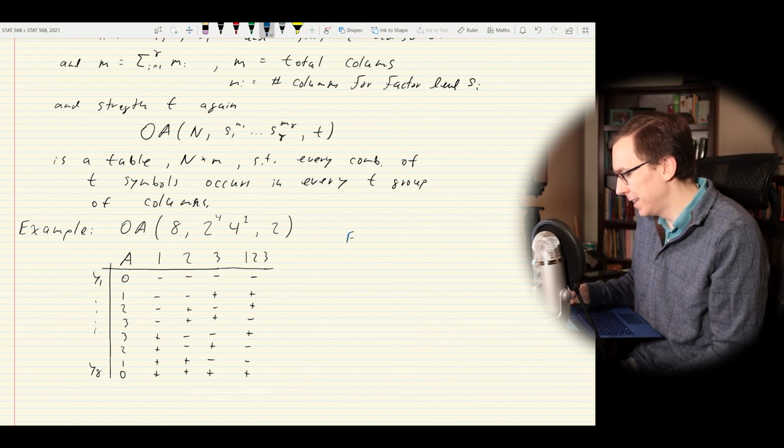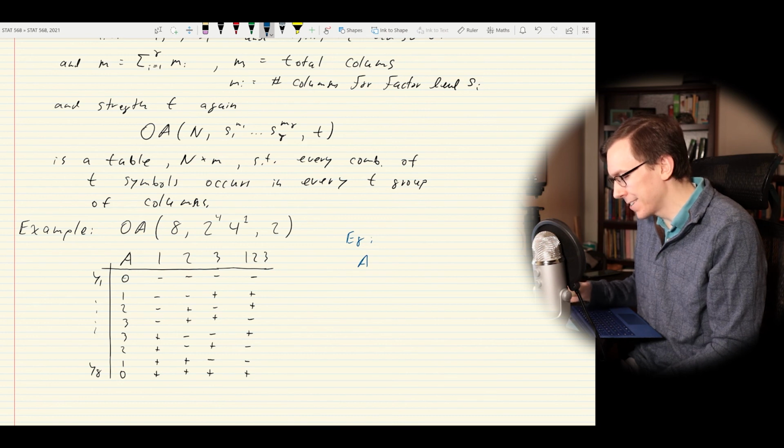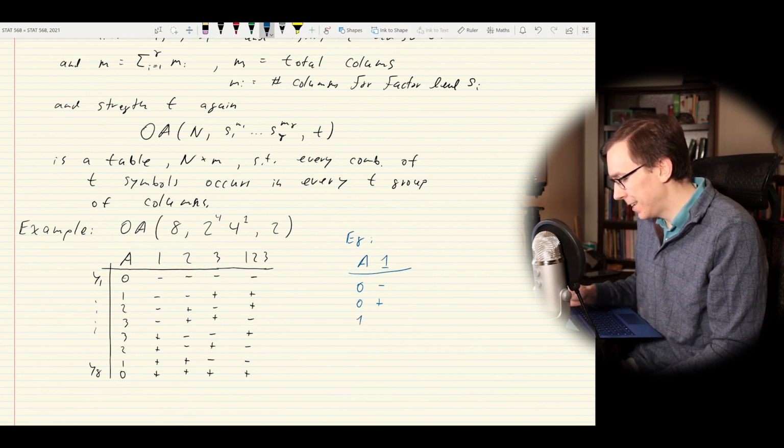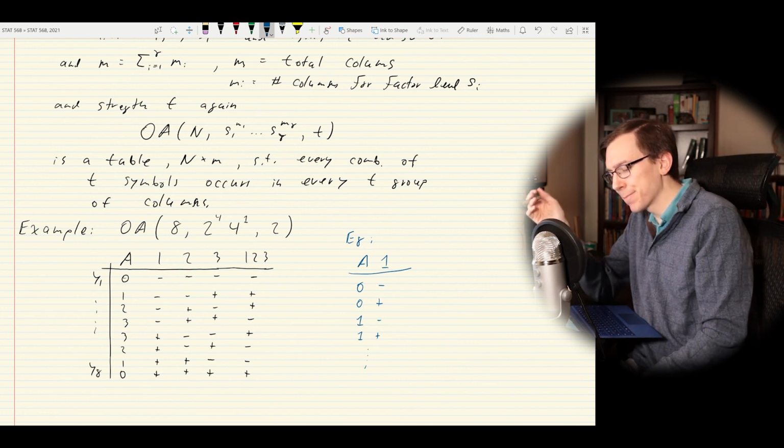An example is that if I have just A and 1, every combination occurs once: a 0 and minus occurs once, a 0 and plus occurs once, a 1 and a minus, and a 1 and a plus, etc., each occurring once.